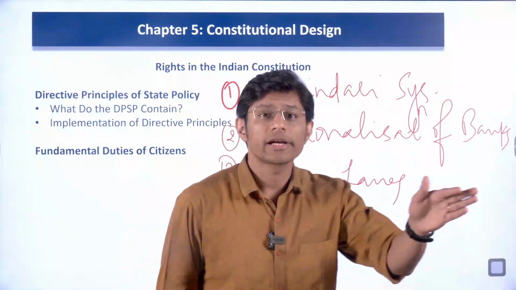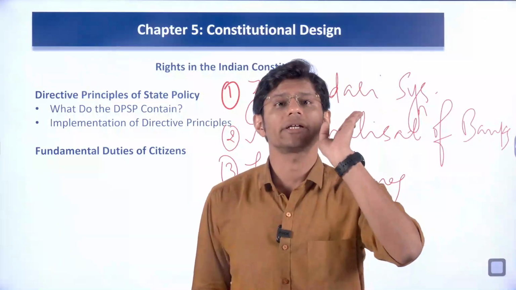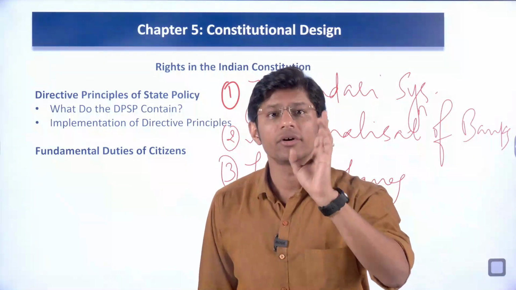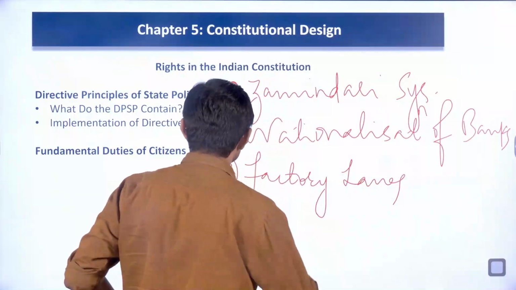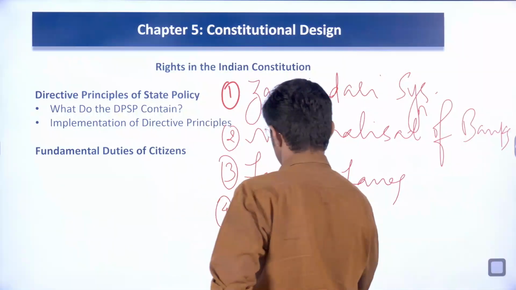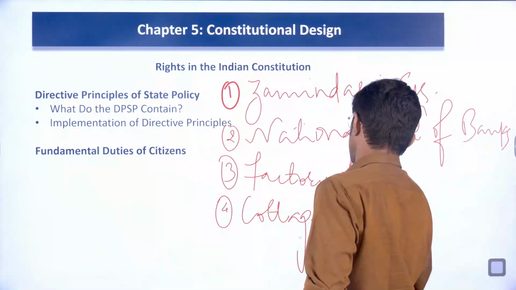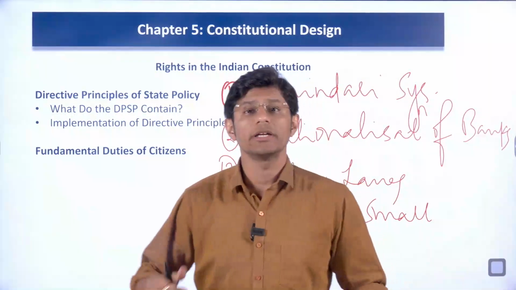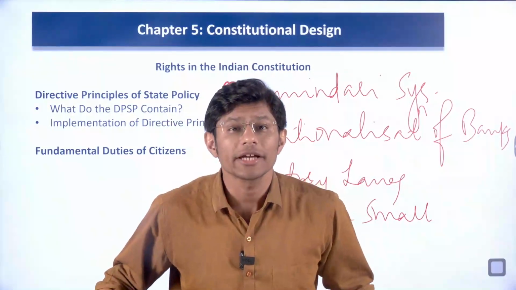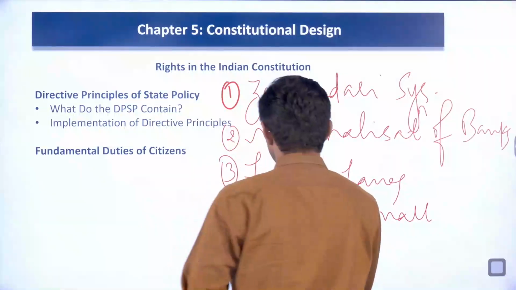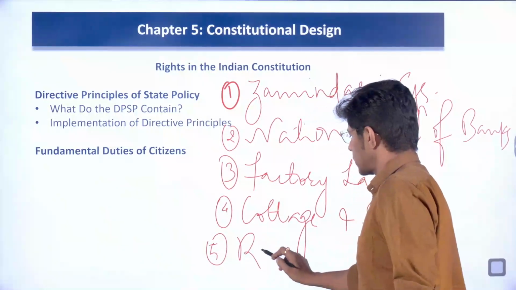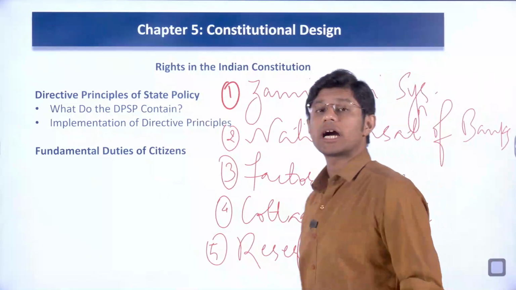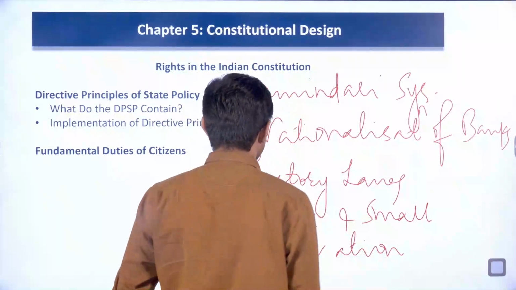To regulate the working conditions, which means people are not exploited and there should be minimum wage given to each and every worker. Then promotion of cottage and small industries. Why? Again to support the rural economies. Then reservation policies given to the scheduled castes, scheduled tribes. Then MGNREGA.